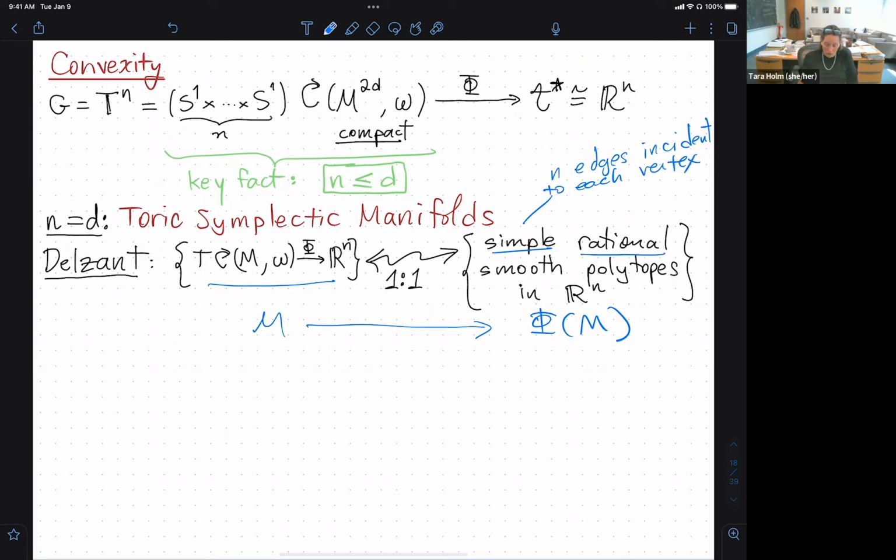It is rational, so the edges point in lattice directions. I've made an identification with Euclidean space, identifying the Lie algebra and its dual, and the lattice is the kernel of the map from the Lie algebra to the group. These edges point in lattice directions.